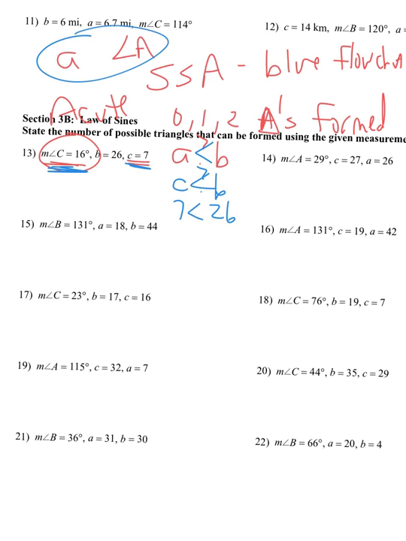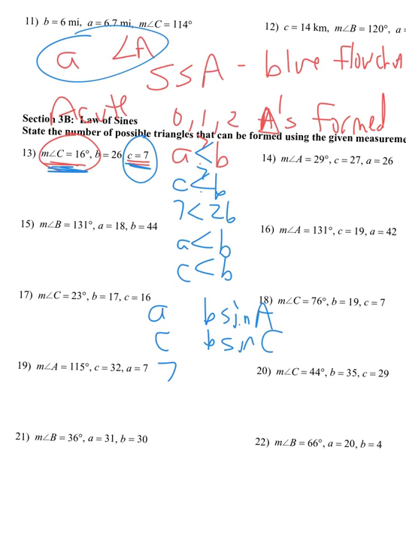If you follow that chart down, it said if A was less than B, then compare A to B sine of A. In this case we're dealing with C less than B, so we're going to compare C to B sine of C. So I need to take C, which was 7, and compare it to 26 times the sine of the given angle C, which is 16.